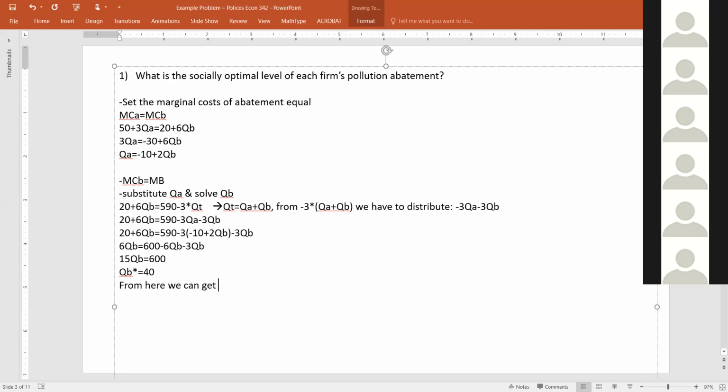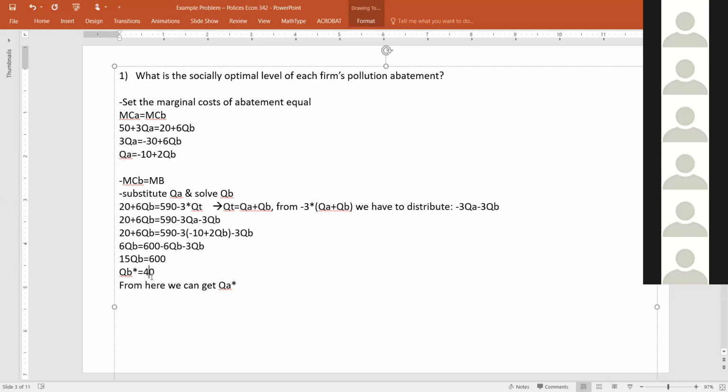So from here, we can get QA star, the optimal quantity abated for firm A. And that's from this equation up here. By setting the marginal costs of abatement equal to one another, we can get the quantity abated by firm A in terms of firm B.